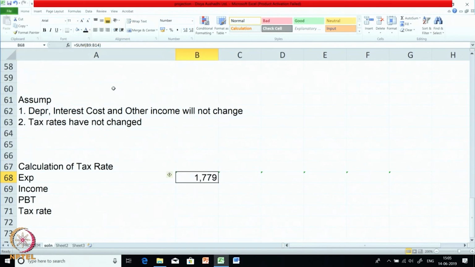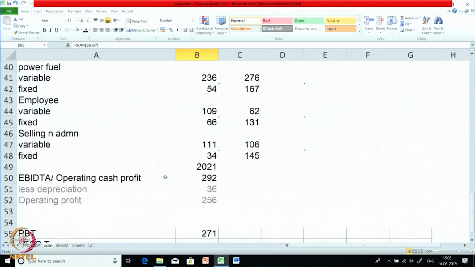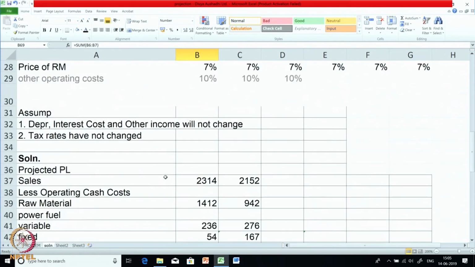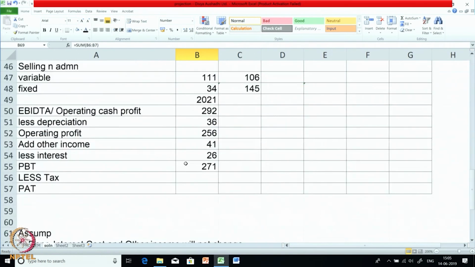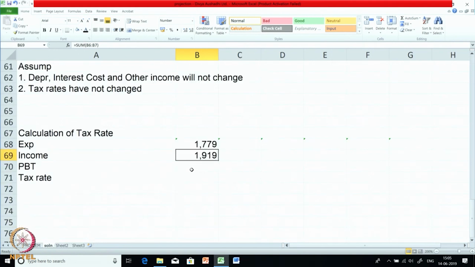Now if we take total, remember this is sum of B9 to B14, you will get 1779. Now how much is the income? 1919. Income is a total of sales plus other income. Okay. So you are getting 1919.